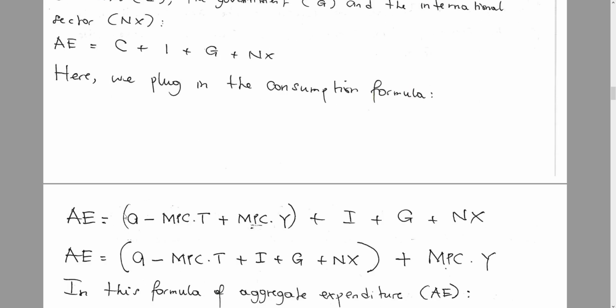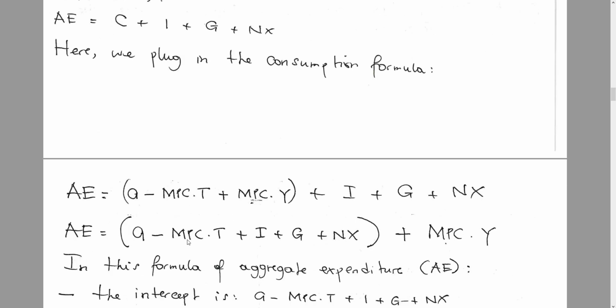So when we plug it in here, this is what we get. So what you have here is C, okay? And then we have the rest of the function, plus I, G, and X. All right, so the only thing that I did to move from this to this, I didn't change anything, I didn't add anything or retract anything, I just rearranged the terms.